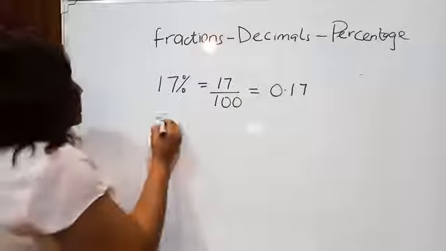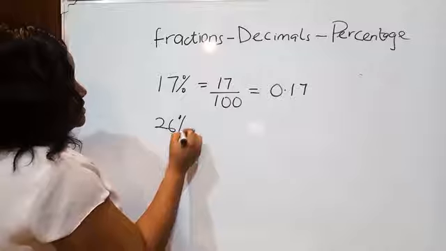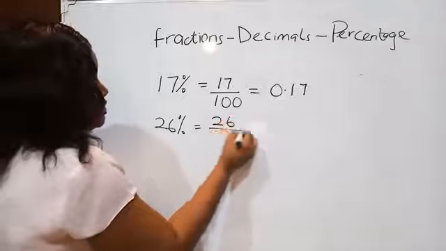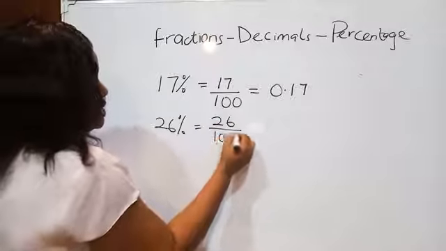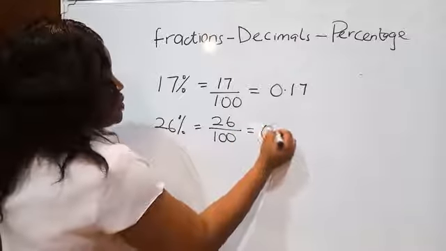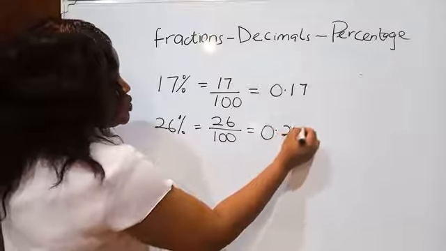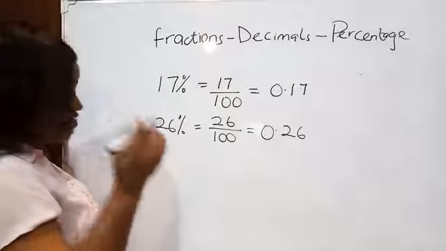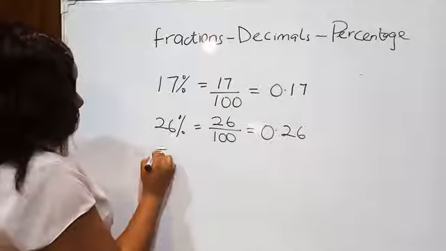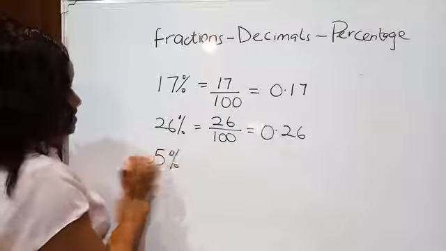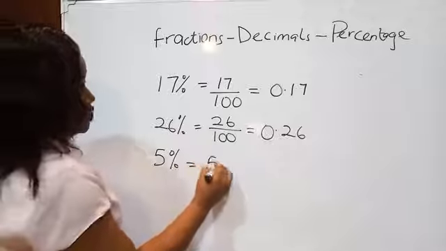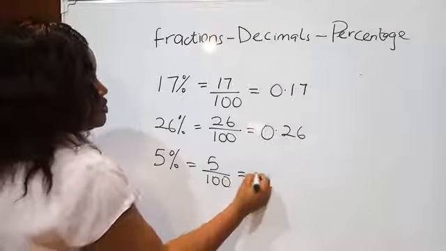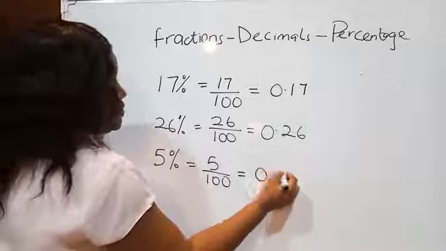You can have 26%, which equals 26 over 100, equal to 0.26. Let's even look at 5%, which is equal to 5 over 100, which is equal to 0.05.